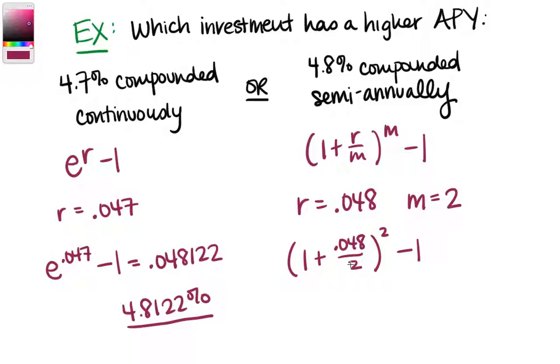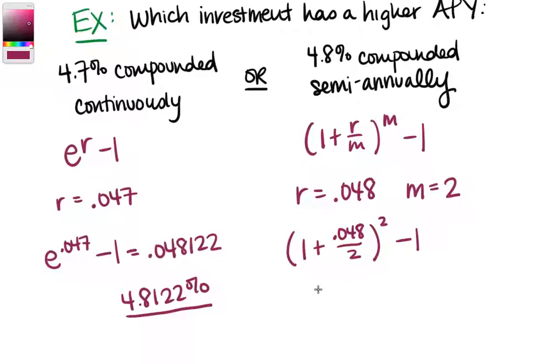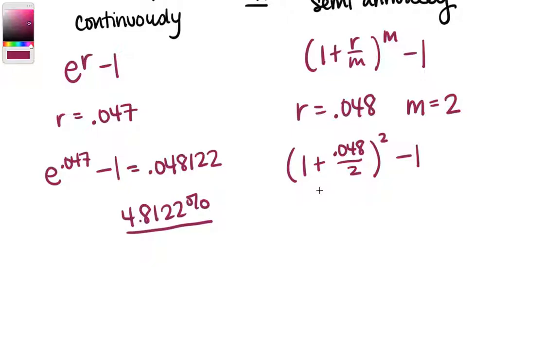As always, when we've got a complicated algebraic expression, we want to work inside out. So let's start with the inside first. 1 plus this fraction. Well, we can figure out that fraction. 0.048 divided by 2 will be 0.024. So we have 1 plus 0.024, all of that squared, minus 1.